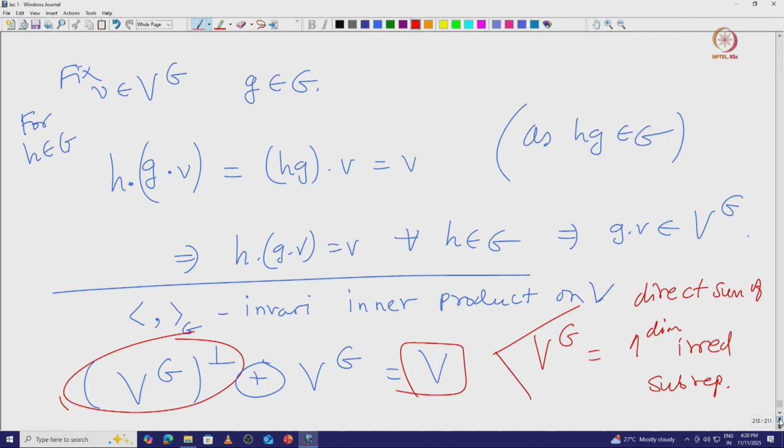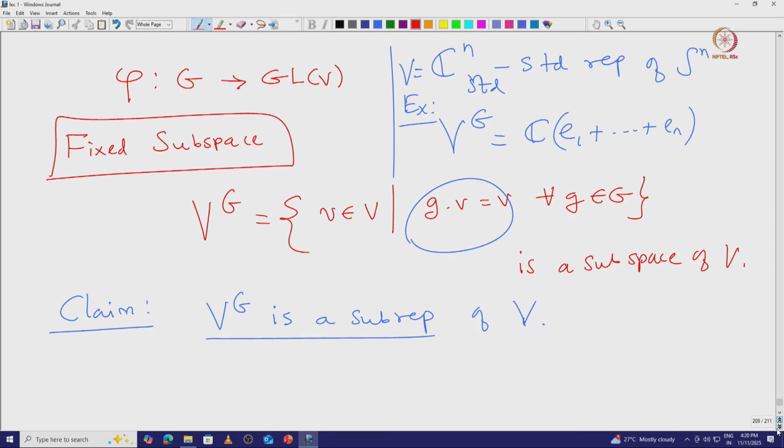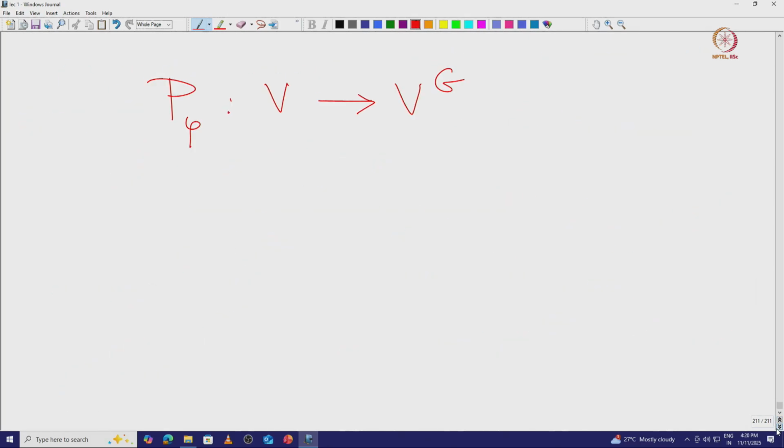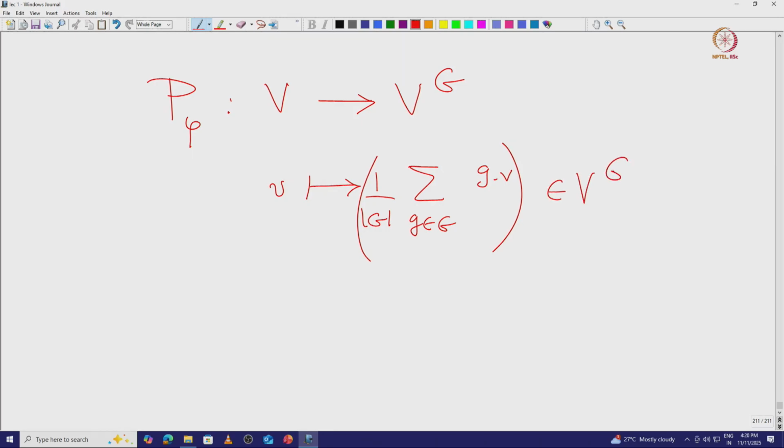This Vg does not need to be non-zero, it could be 0 also, but using just the abstract definition you can see that we can simply take the average sum. Given a vector, you can apply all possible elements of capital G and then average them over G, and the resulting element is always an element of Vg.